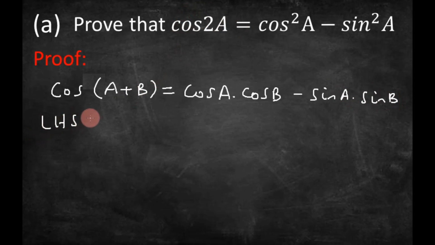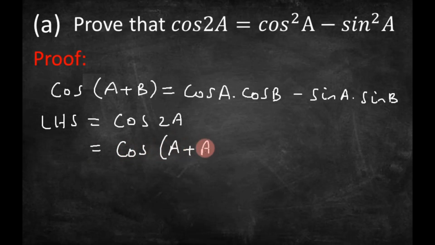So the left-hand side of what we need to prove is cos of 2A. And this, of course, we can write as the cos of A plus A.